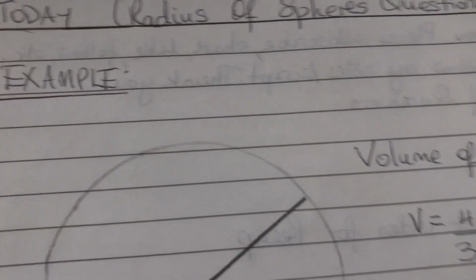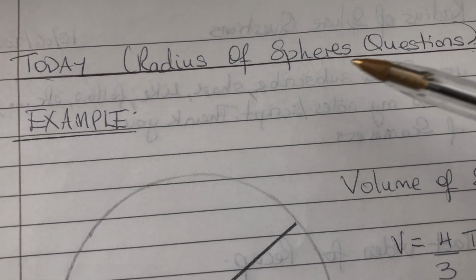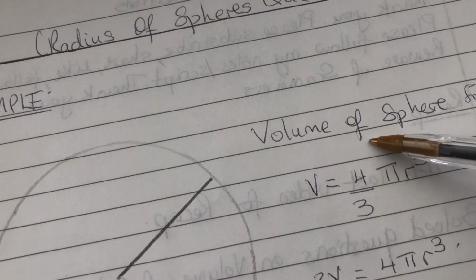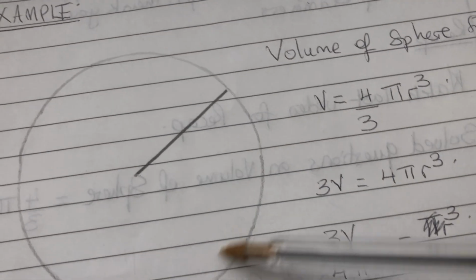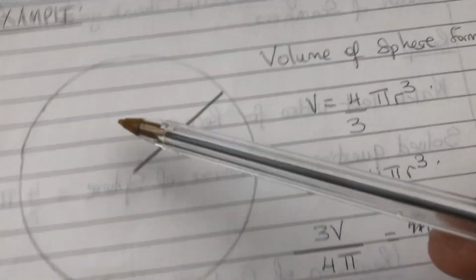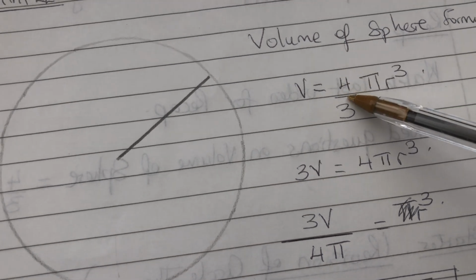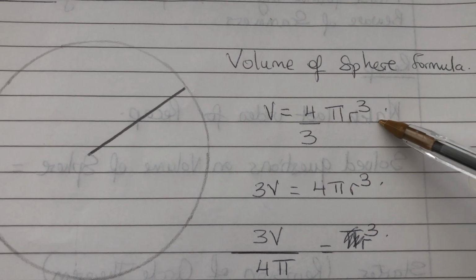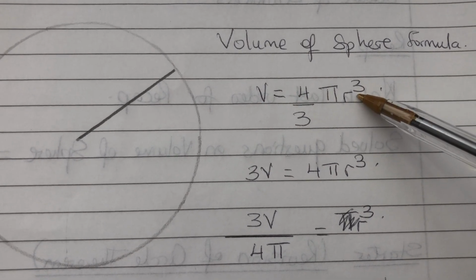Now today, as I said, we are finding the radius of a sphere, assuming we've been given the volume. So this is our sphere. Assuming they gave you the volume, this is the formula you need, because this is the formula that has volume and radius. There's another formula, surface area and radius.